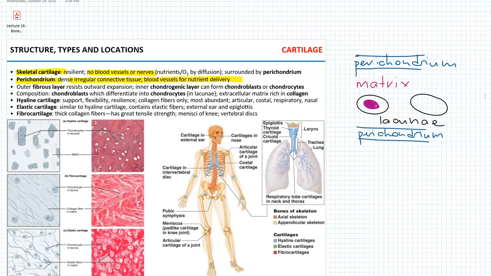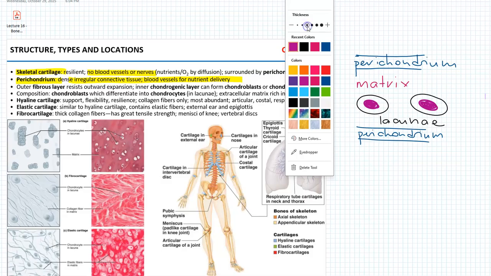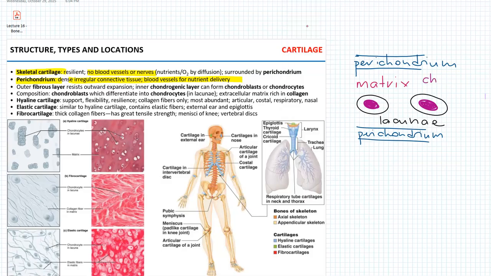the cells that form cartilage that are called chondrocytes. Okay?